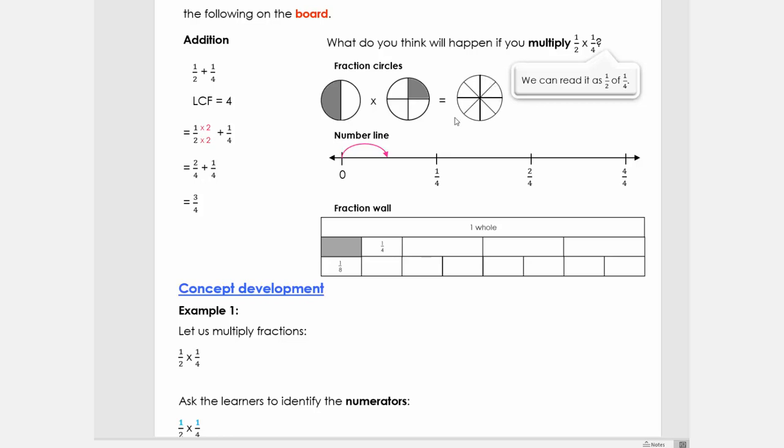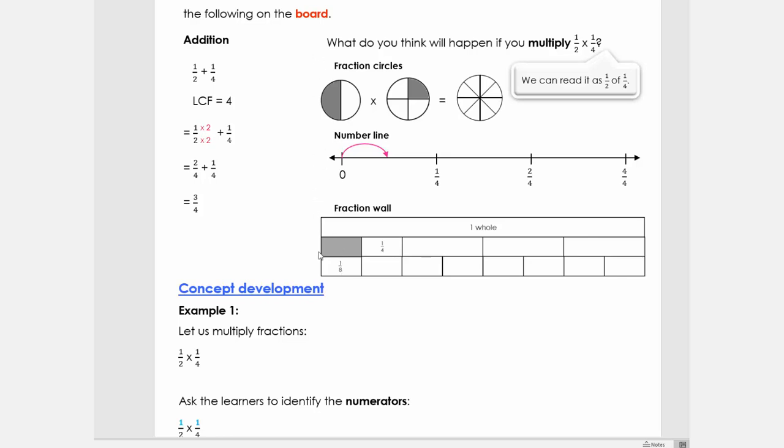It's 1/8. If we look on the number line, what is 1/2 of a quarter? And then if we demonstrate it on the fraction wall, we can clearly see that 1/2 of a quarter is 1/8.